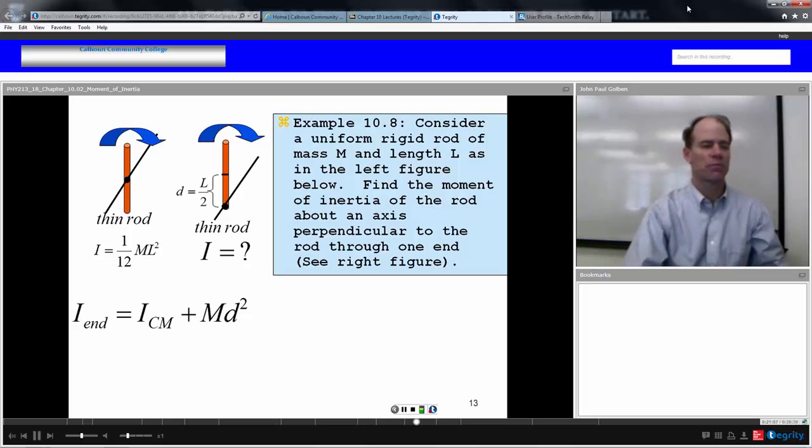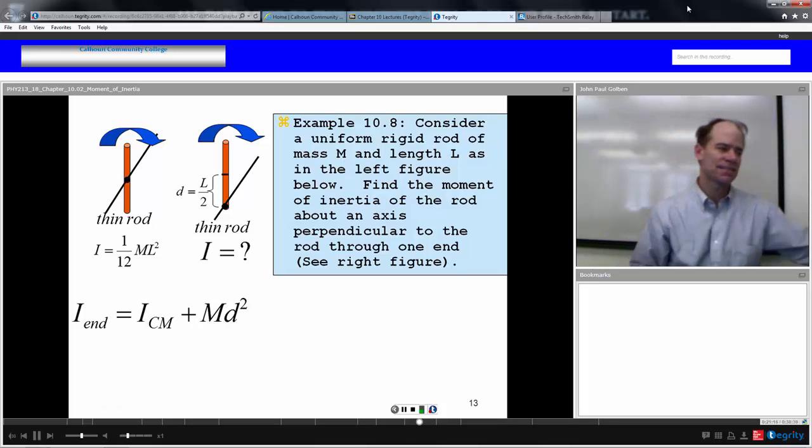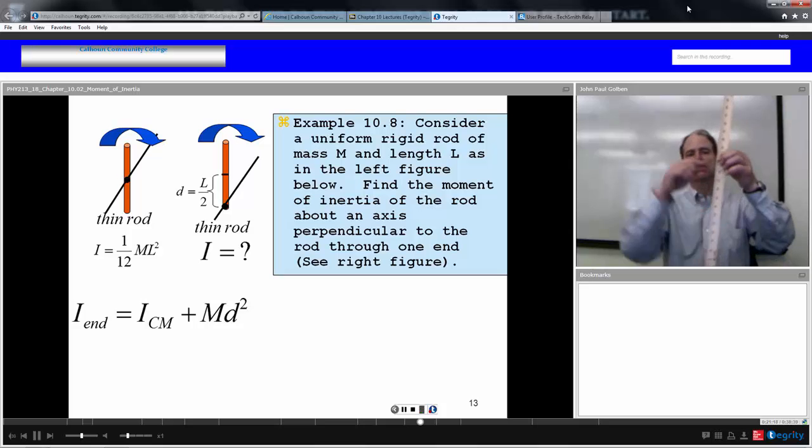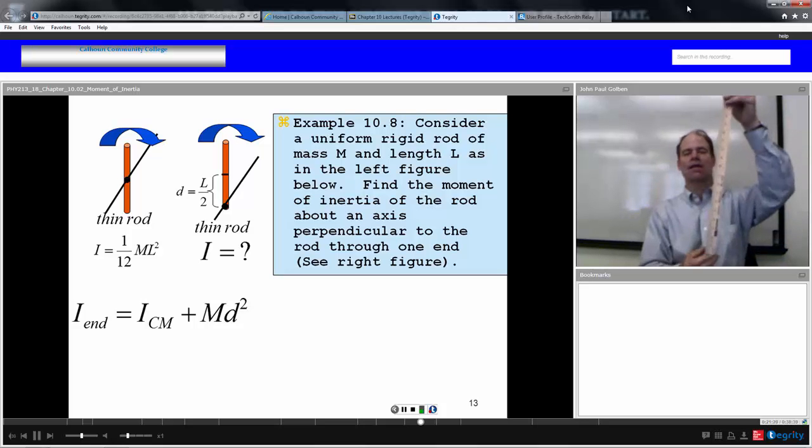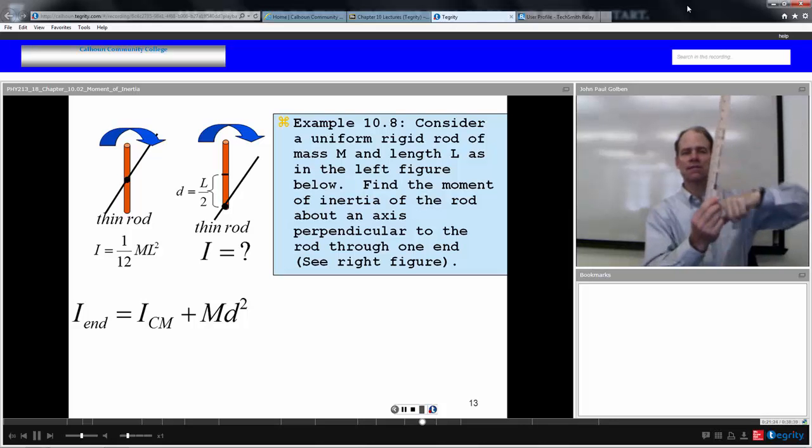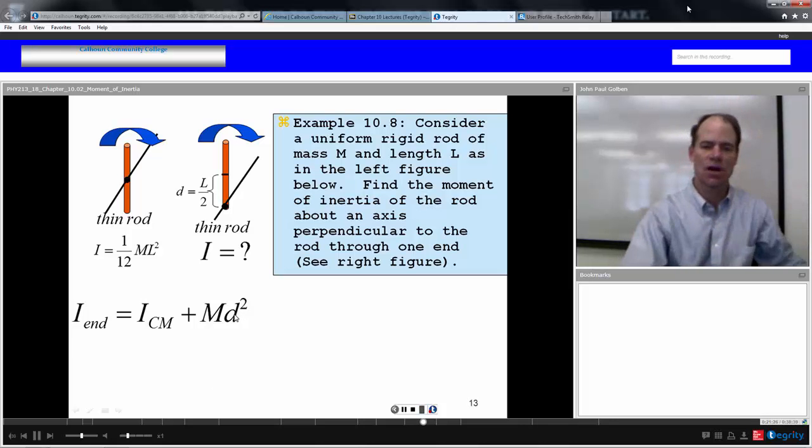So we know from the parallel axis theorem that the moment of inertia about the end of the rod will be the moment of inertia about the center of mass plus md squared. D is the distance that we move our axis from the center to the end, so that's going to be equal to L divided by 2 as we move the axis down here. So our D is in fact L divided by 2.